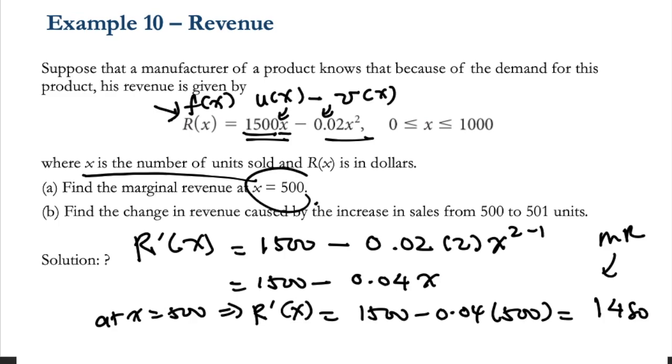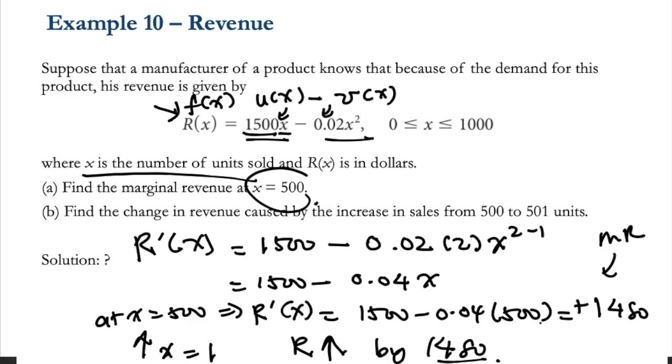Basically, when you have marginal revenue equal to 1480, it means if I produce and sell one additional unit of x, then my revenue, because it's positive here, will increase. Positive means increase by 1,480. So that means what? Produce more to get more revenue, isn't it?